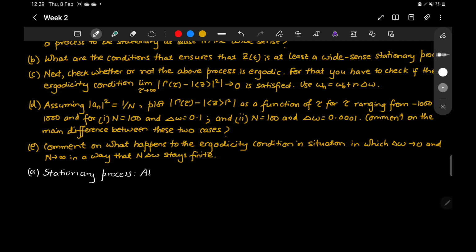A stationary process is one in which all the correlation functions of the given random process, the random variable, are independent of time.